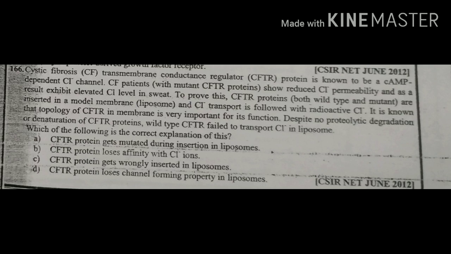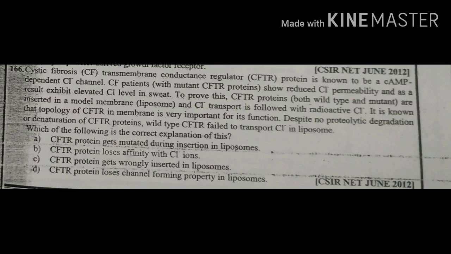So if the wild type CFTR failed to transport the chloride in the liposome, then there can be two possibilities. Either there is a problem in the GPCR pathway which failed to phosphorylate the CFTR, or the insertion of the CFTR protein in the membrane is in the false position, or wrongly inserted.